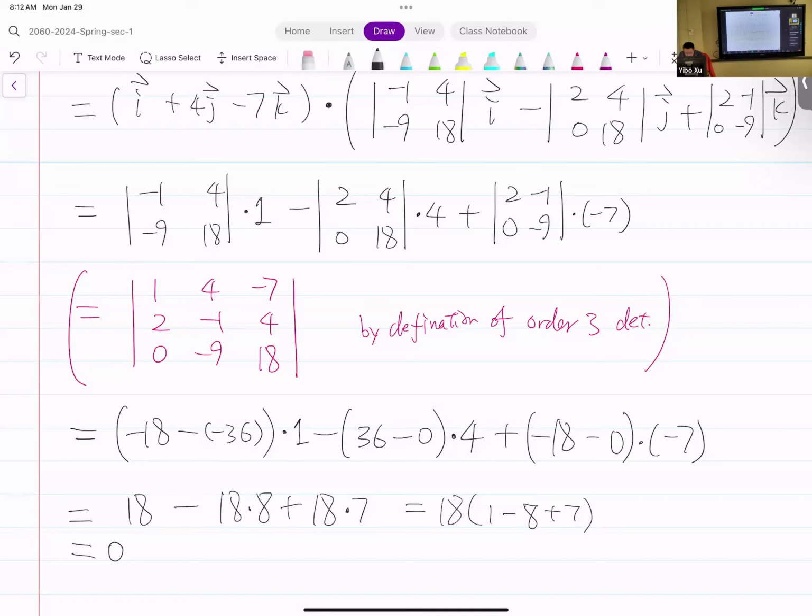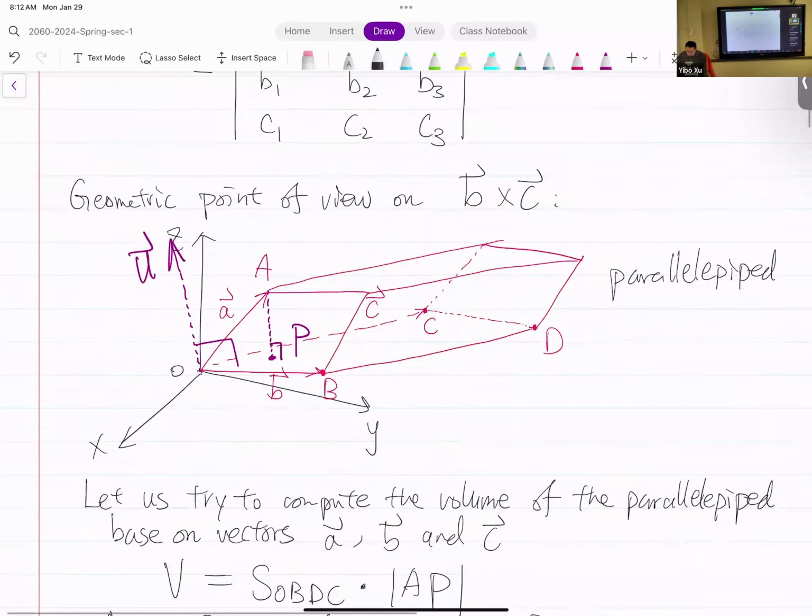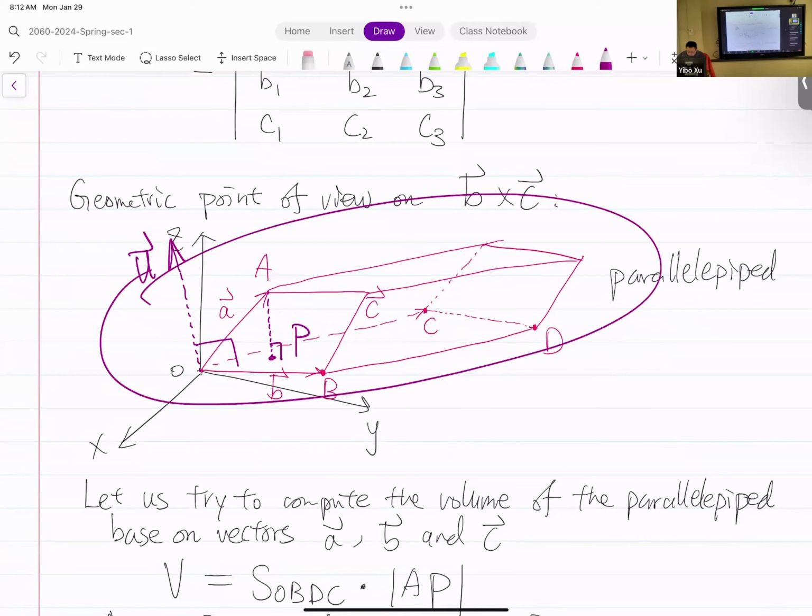So now we have a 0 as the volume that we calculated, and if you take the actual value, it's still a 0. What does it mean? We have 3 vectors. If you scroll back to the figure at the beginning of the section, it's supposed to be the volume of this red thing, but now it's a 0. What do you think? Two are on the same plane, so it's like a 2D shape.